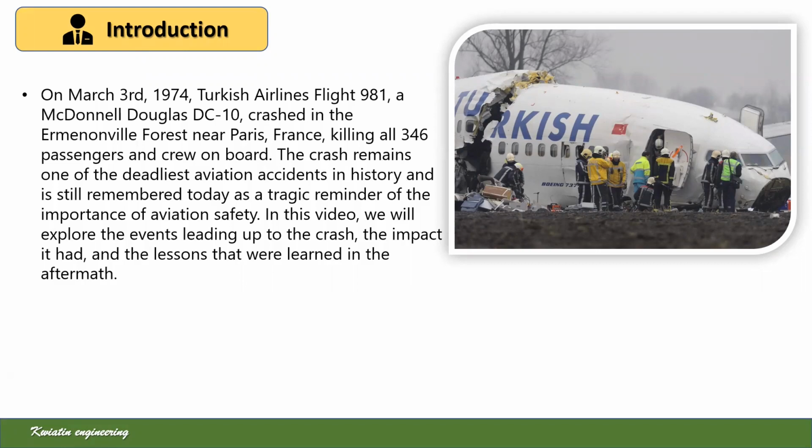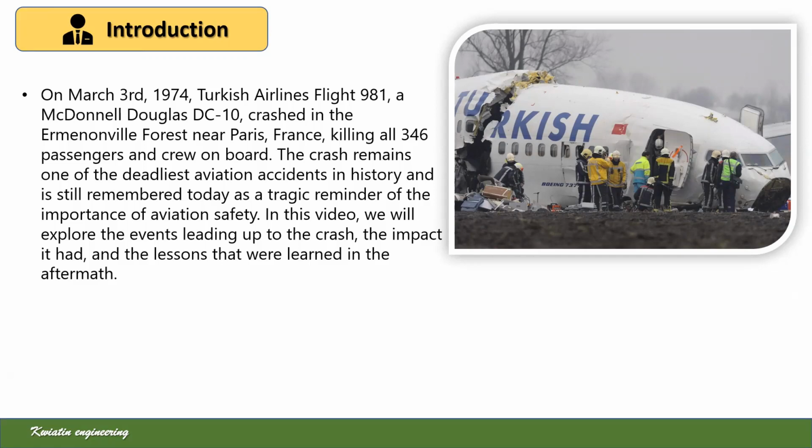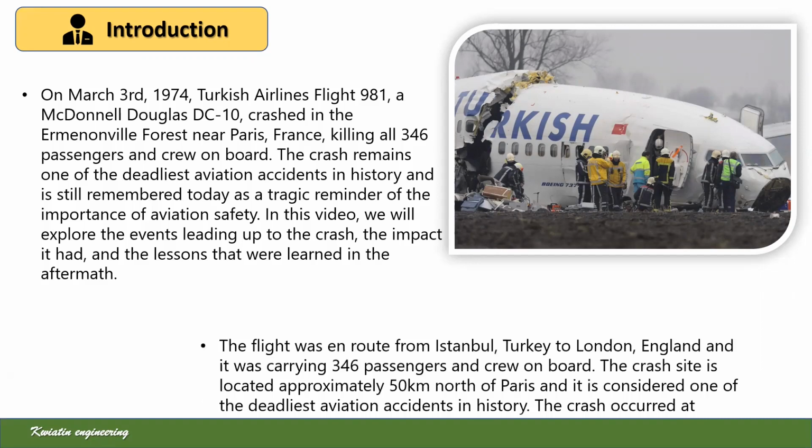The crash remains one of the deadliest aviation accidents in history and is still remembered today as a tragic reminder of the importance of aviation safety. In this video, we will explore the events leading up to the crash, the impact it had, and the lessons that were learned in the aftermath.